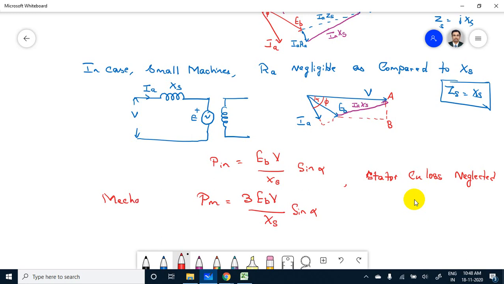where PM stands for the mechanical power developed, that is, the gross mechanical power developed. PM equals 3 into EB V by XS, sine alpha.